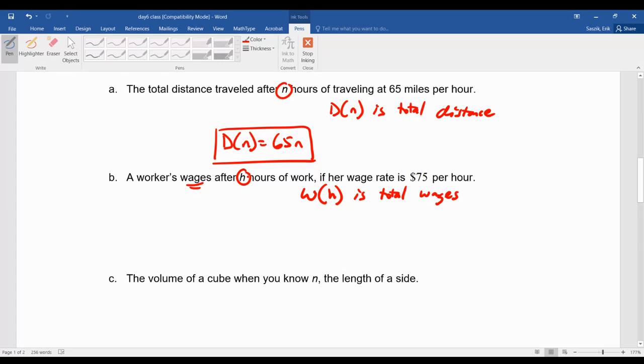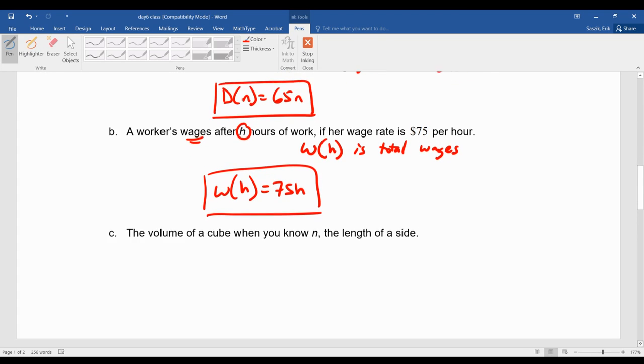And remember, whatever this primary variable is has to match what's inside here. Now, this is just like the first problem. If someone works and gets $75 an hour, 2 hours, they'd make 150, 3 hours, they make 225. You're just taking the 75 and multiplying by the number of hours. That's pretty simple, right?